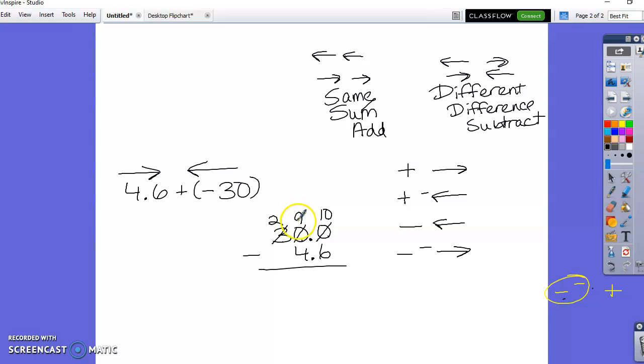This became a 10, which now can help this 0, so then this 10 becomes a 9. Okay, so this is why your teachers, when they were teaching you, just went on and made that a 9. Okay, 10 minus 6, 4. 9 minus 4, 5. 2.